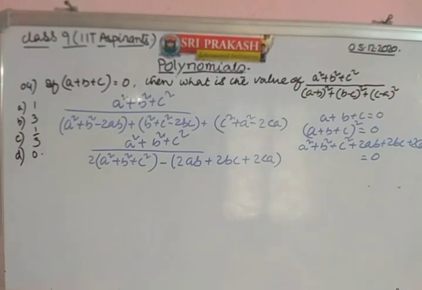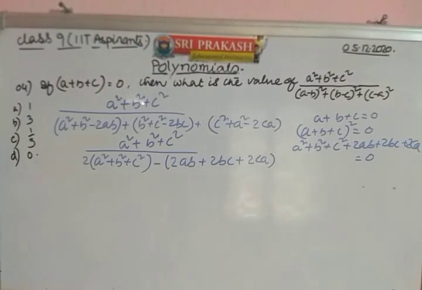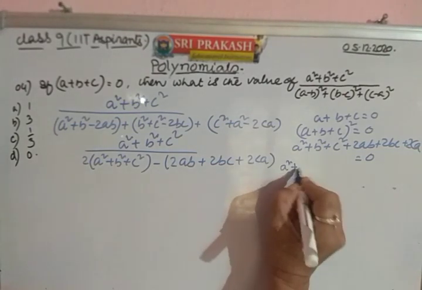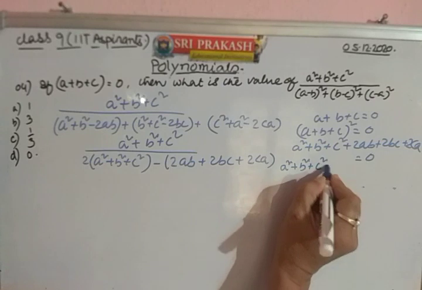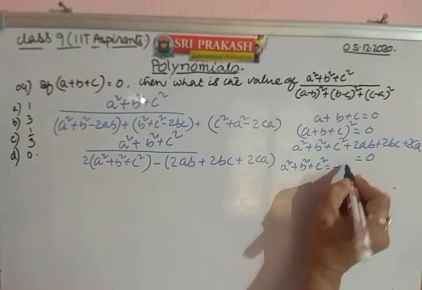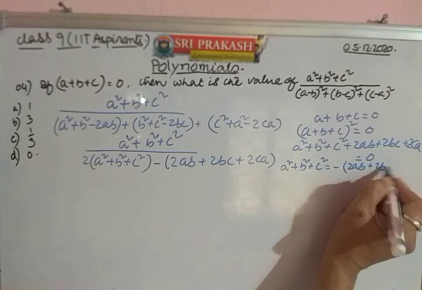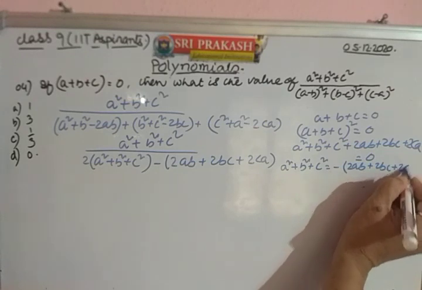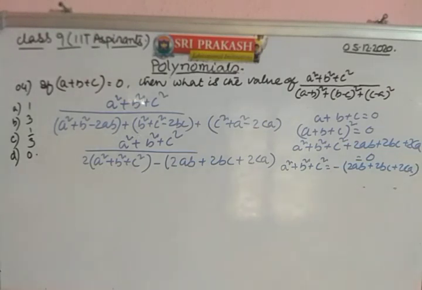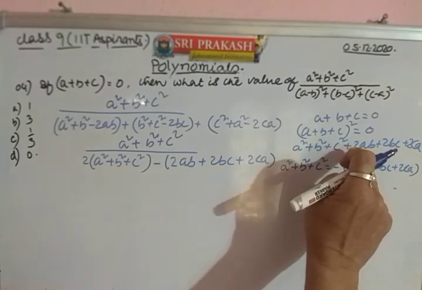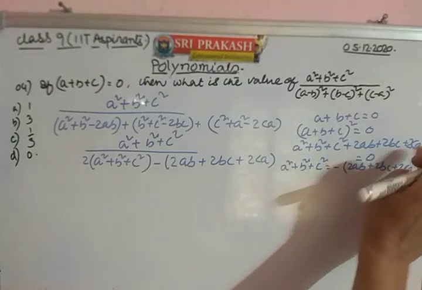We transfer 2ab, 2bc, 2ca to the other side. So a square plus b square plus c square is equal to minus (2ab plus 2bc plus 2ca). Clear? When you transfer to the other side, all these things become minus: minus 2ab, minus 2bc, minus 2ca.